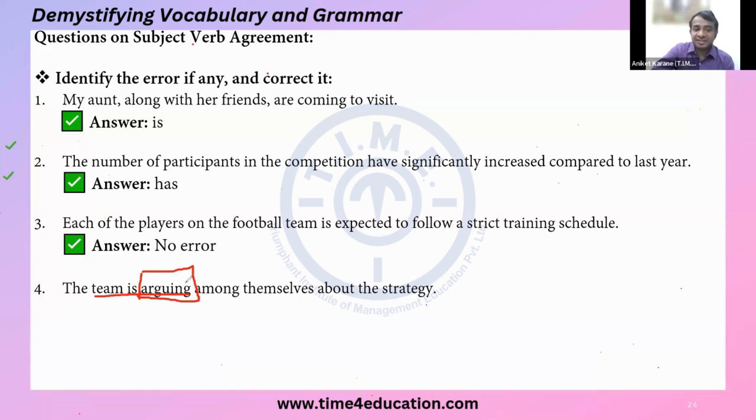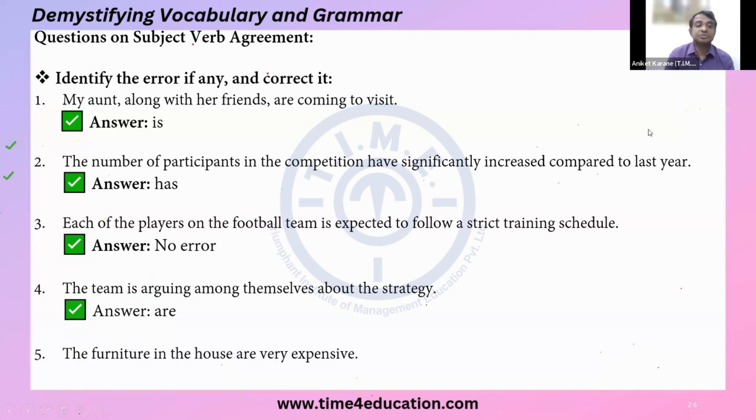So if they are having a fight, are they together in their opinion? No. That means they are split. And if they are split, which means the is incorrect there. Okay. So the answer will be the team are arguing among themselves about the strategy. Let's move ahead to this one.